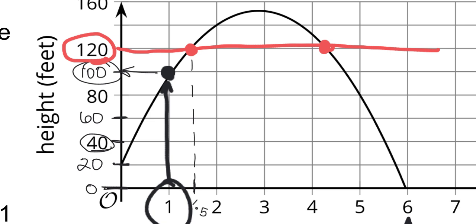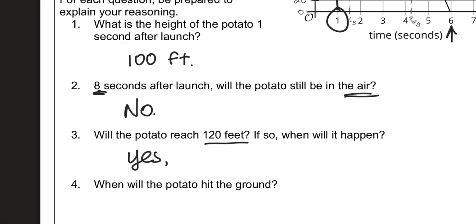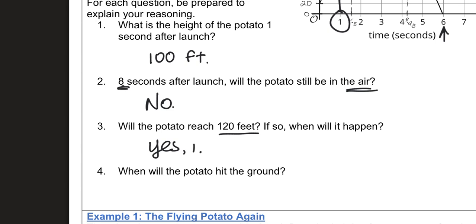So that's about 1.5 seconds. And this one is a little sooner, so maybe 4.25 seconds. Somewhere around there. We know it's between 1 and 2 and somewhere between 4 and 5. And if you want to say like 4.3 or something like that, that is also fine.